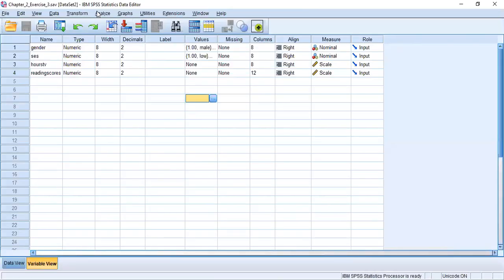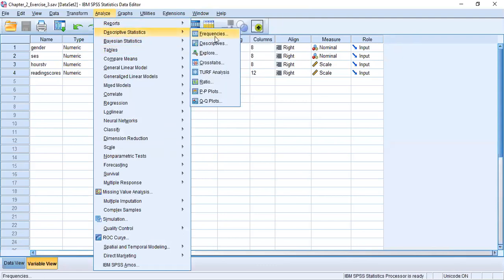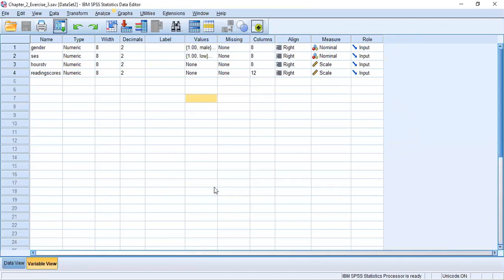So first of all, we're analyzing. We're going for descriptive stats, frequencies, and for gender and SES, which are both nominal data, we'll be going for output data. Just wait for a while, it's hanging now. And here we have taken up the output.